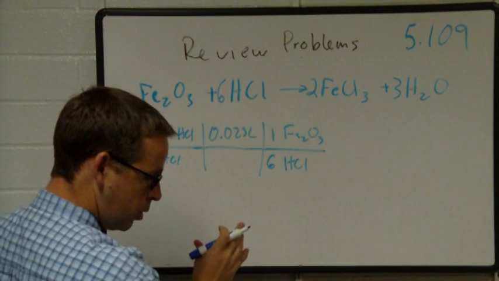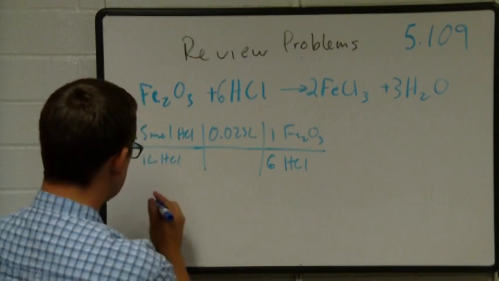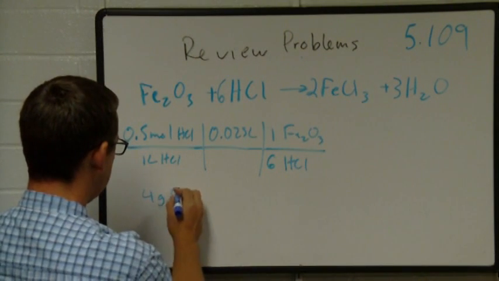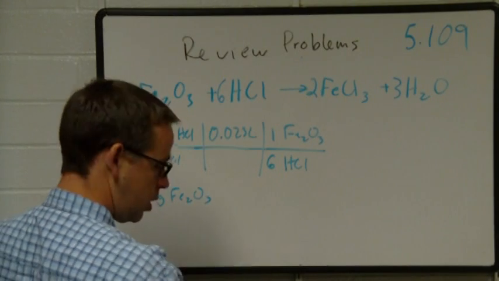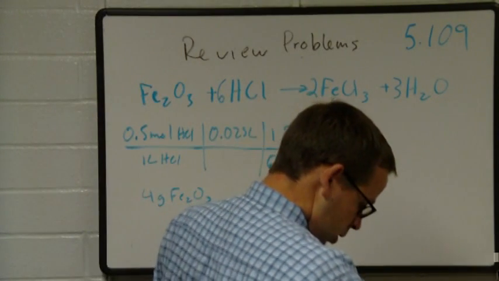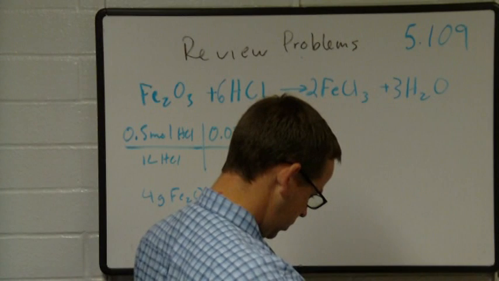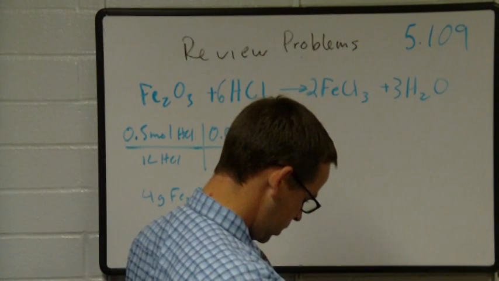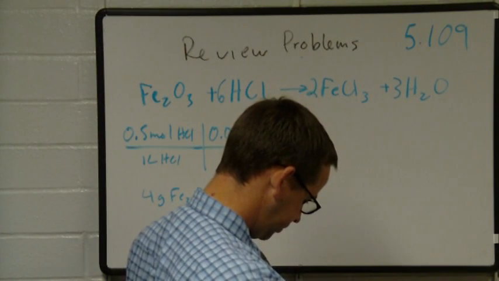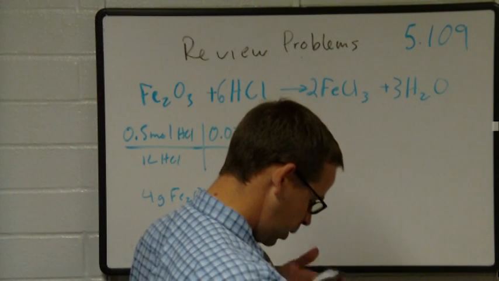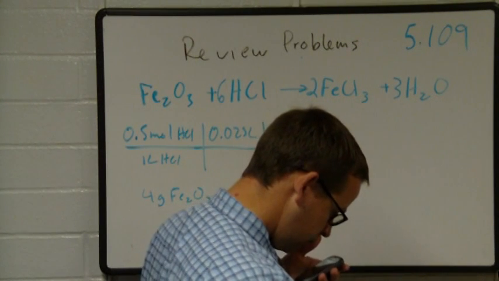So we have 4 grams of Fe2O3. We can try to find out the molar mass of iron 3 oxide.